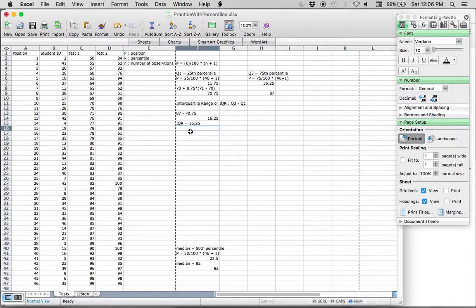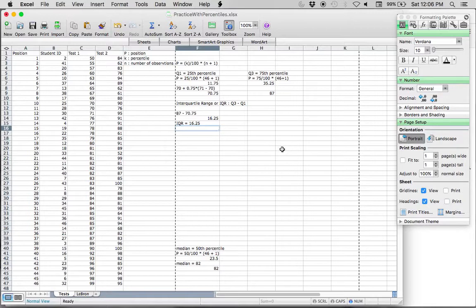We'll go more over what distributions look like later, but is there a lot of data close together in the middle, or is it kind of spread out further? Is there a uniform distribution or a normal distribution? We'll get to what that means. But for now, just remember it's the third quartile minus the first quartile. So 16.25.